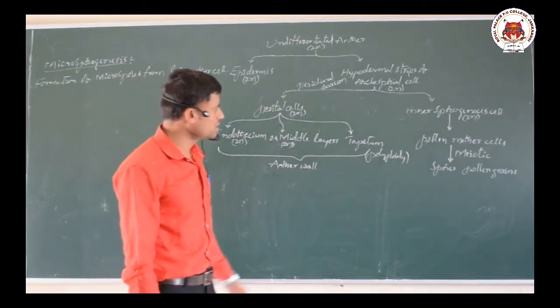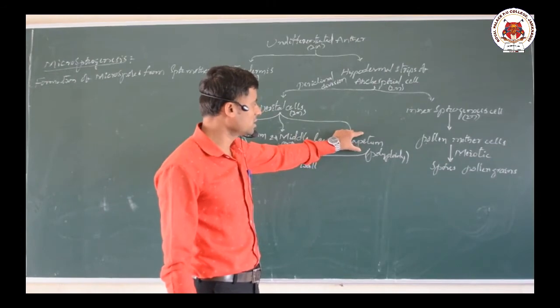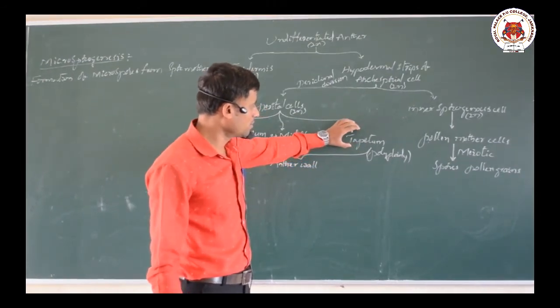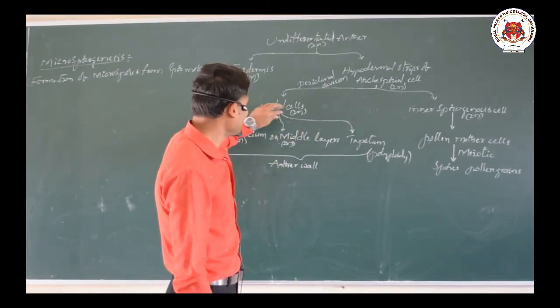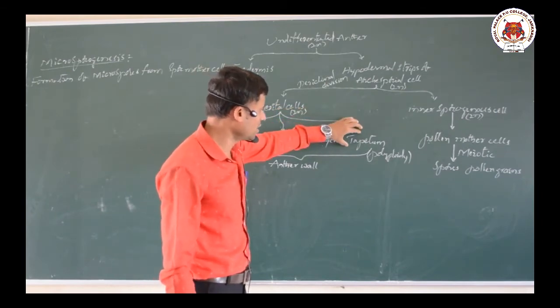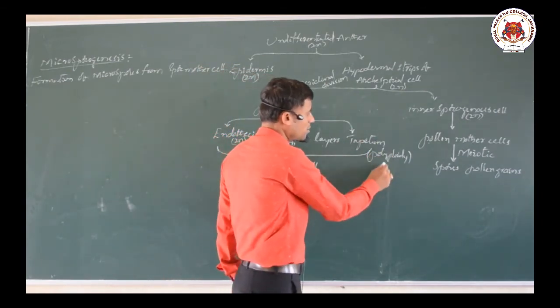Why is this in a polyploid condition? Because the tapetum is derived by periclinal cell division, here we can observe a 3n or polyploid condition.